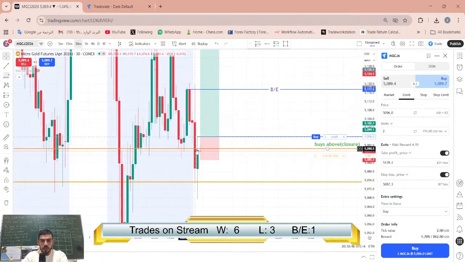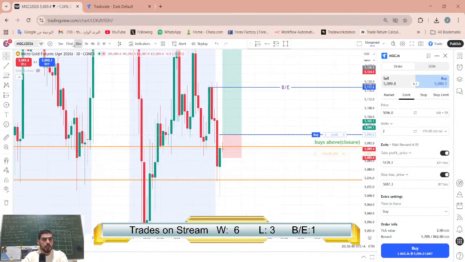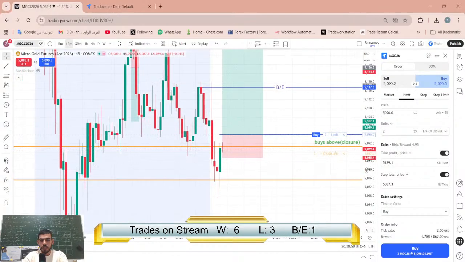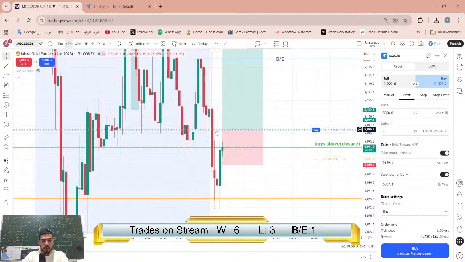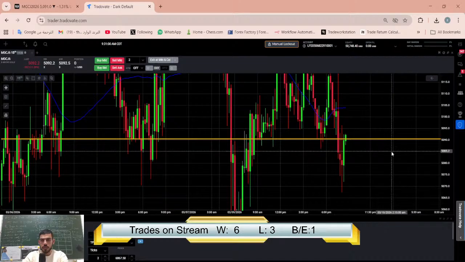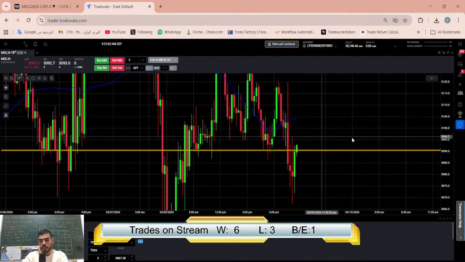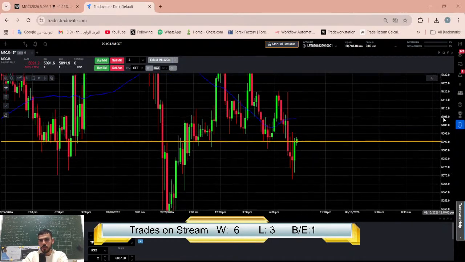So if it closed below, guys, I believe we cannot take buys right here. We cannot take buys if it closed below, but if it broke this high, there is a good chance that it keeps going, moving to the upside.